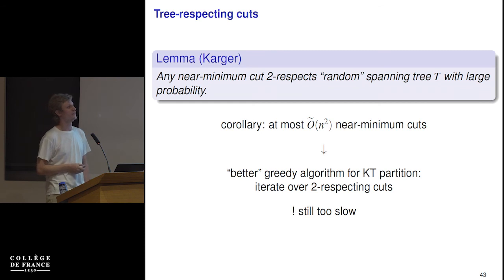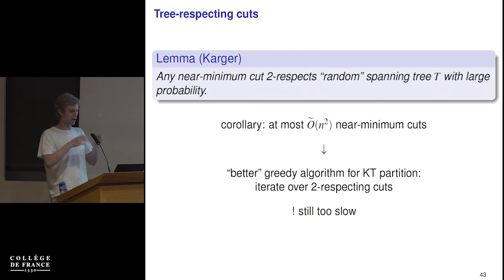It's not too hard to prove, and this is rather elementary, that if you have n vertices and a set of cuts that always bipartitions the set of n vertices, then this set can be a very large set, but in some sense we can generate the same partition by taking only n bipartitions.